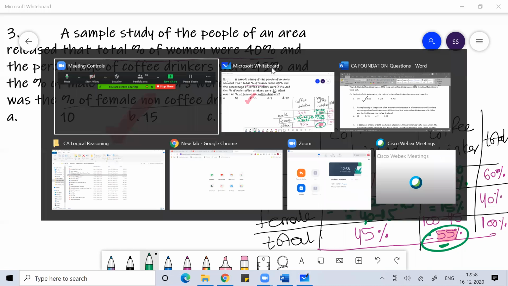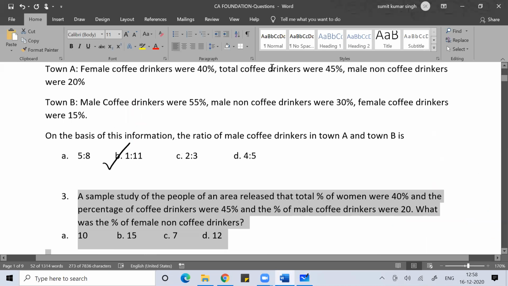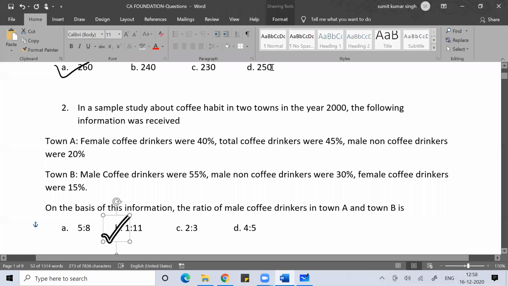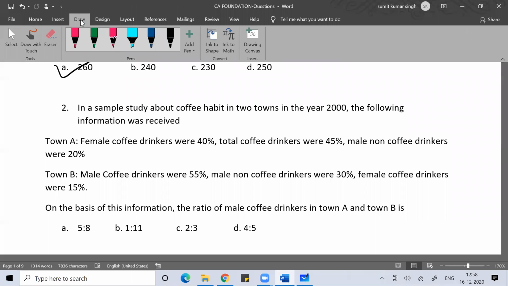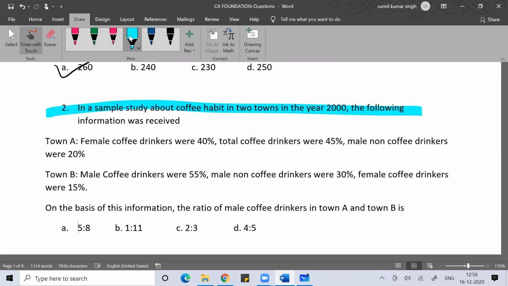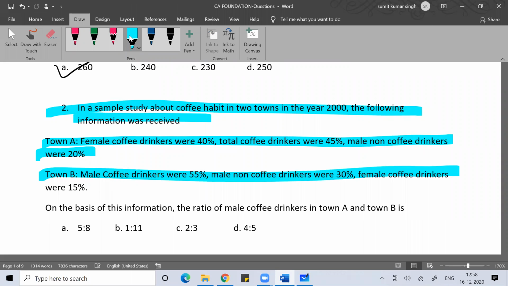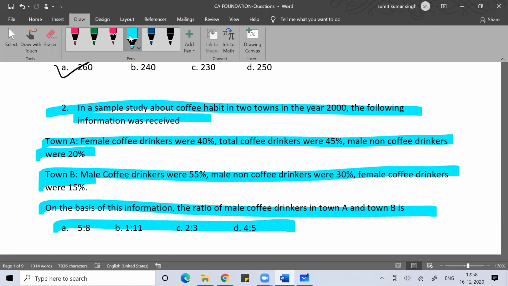Okay, if you understood this, now solve this question, question number 2. If you have understood question number 3, you should be in a position to do this question very well. Tell me the answer for this question.